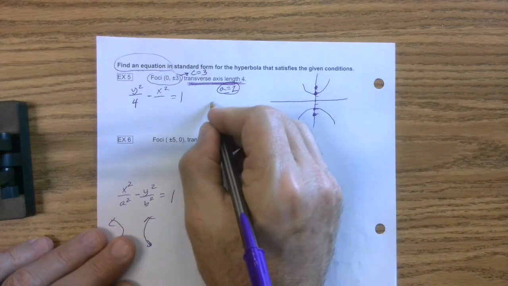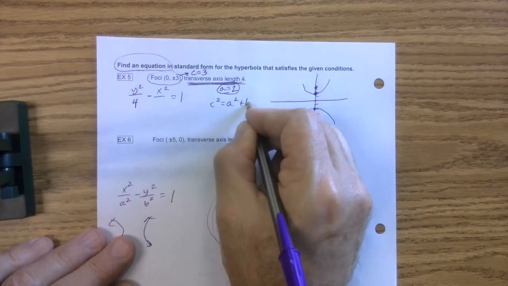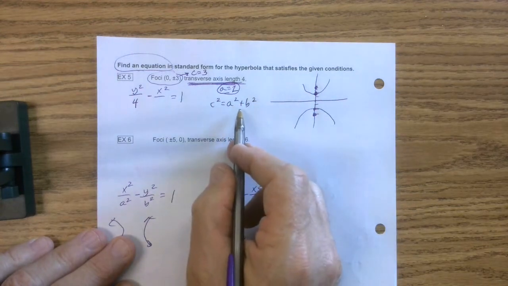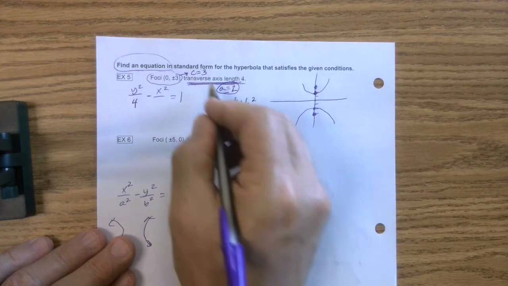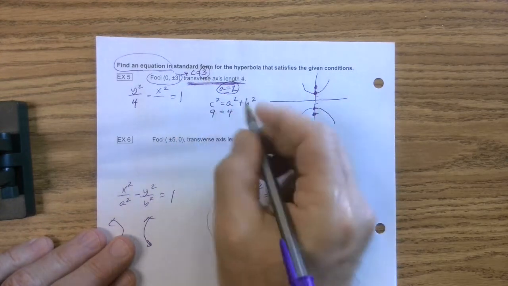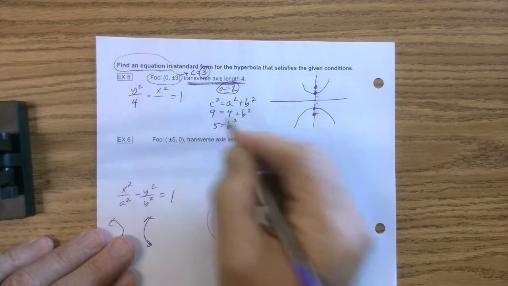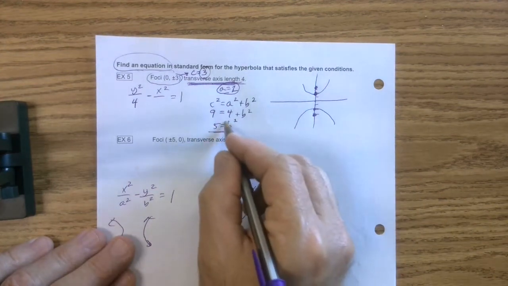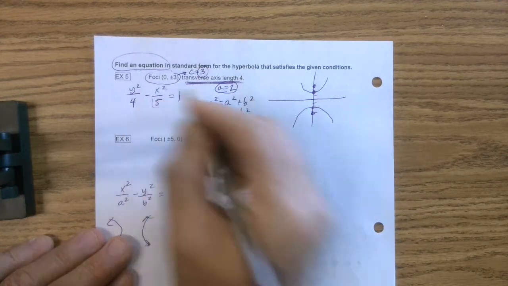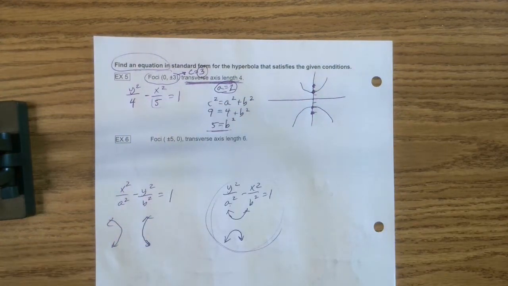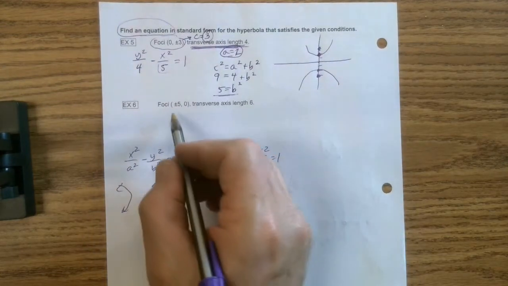And I'm going to use the formula c squared equals a squared plus b squared to find b squared. So I'm going to square that, and it's a 4. I'm going to square that, it's a 9. Subtract 4 from both sides, and I get 5. And I don't need to take the square root of both sides because I need to put b squared in there, so that would be a 5. And I'm done.